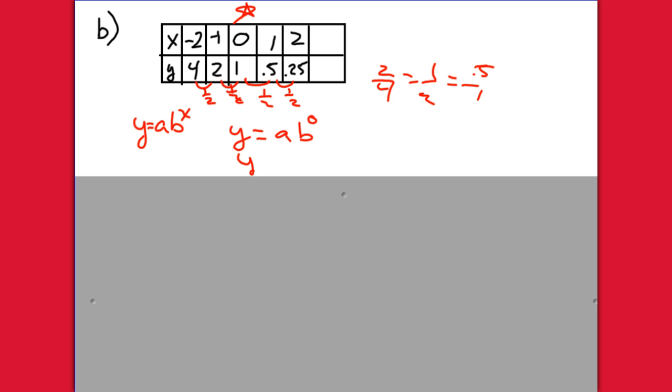Y is 1. 1 equals a times 1. So what does a equal? A equals 1. And you've done this before, back in 8.3 or something like that. So we say y equals 1 times b to the x. So we need to figure out b.